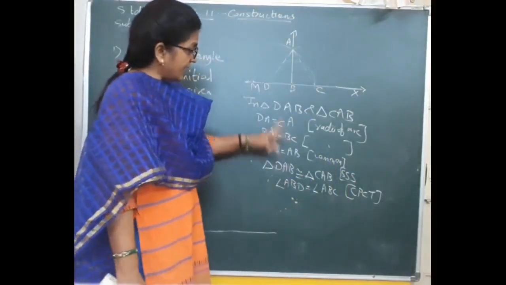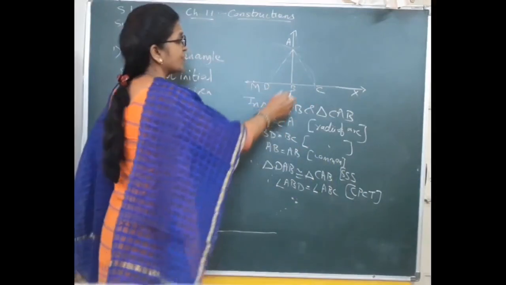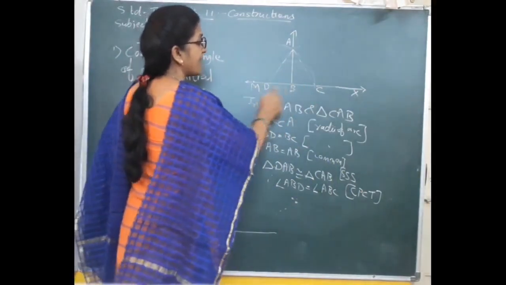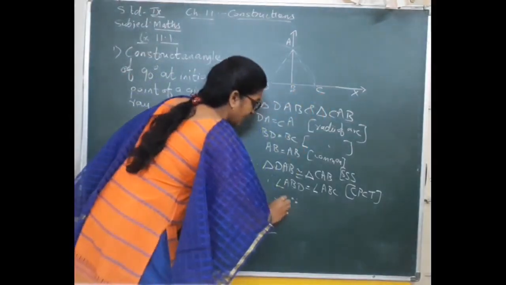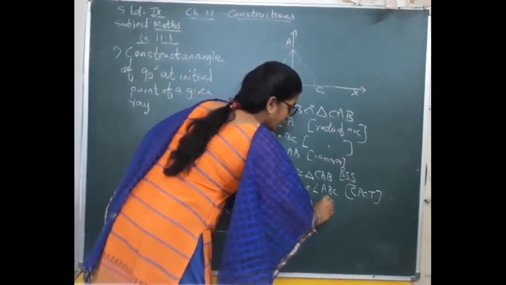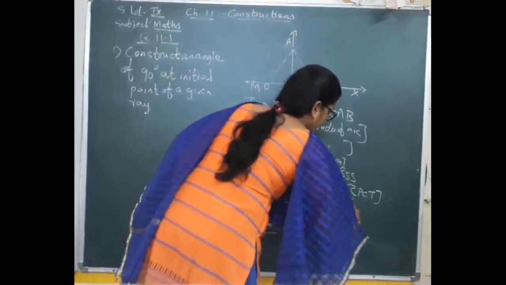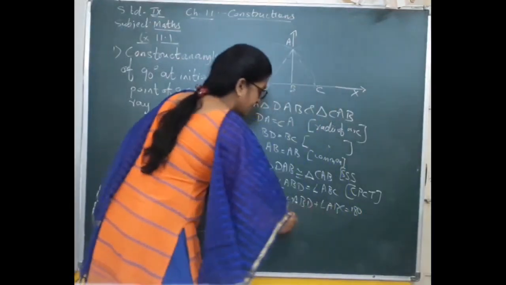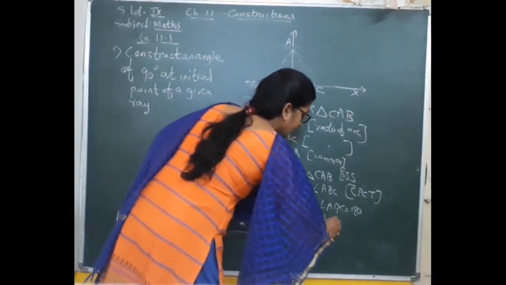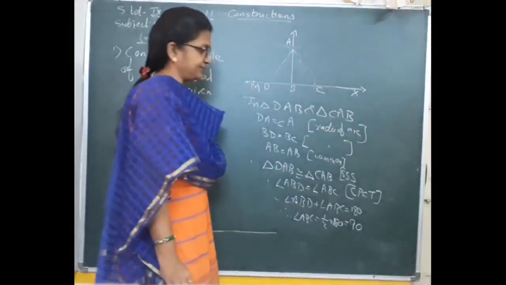So angle ABD is congruent to angle ABC. But these two angles form the linear pair as MBX is a line. Therefore, angle ABD plus angle ABC is 180, and both these angles are congruent. Angle ABC is equal to half of 180, which is 90.